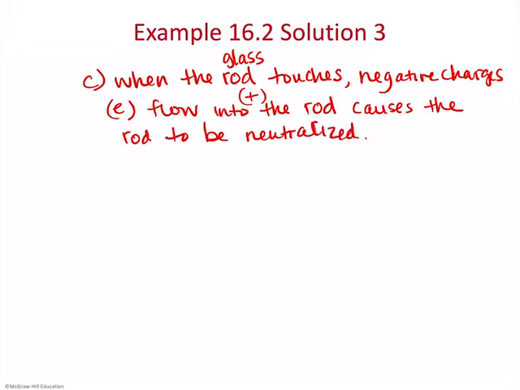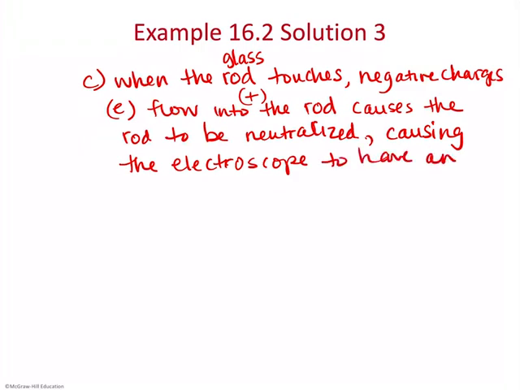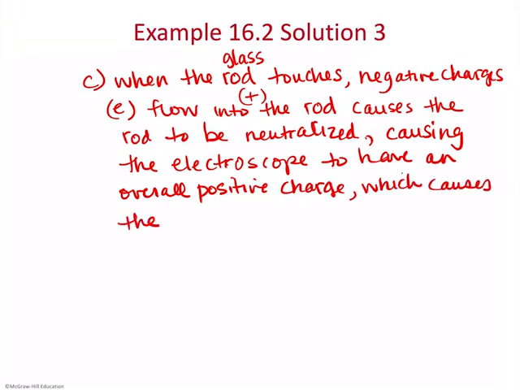That's causing the electroscope to have an overall positive charge, which still causes the leaves to be apart.